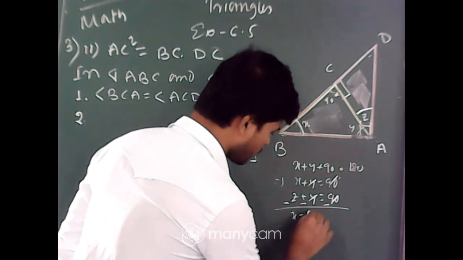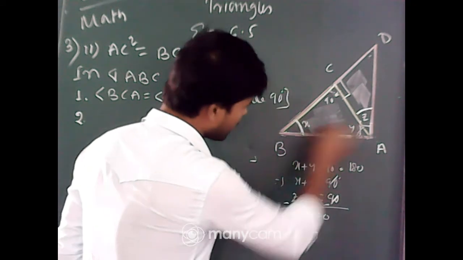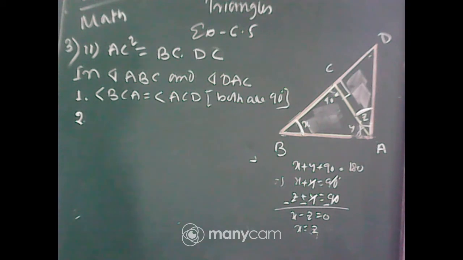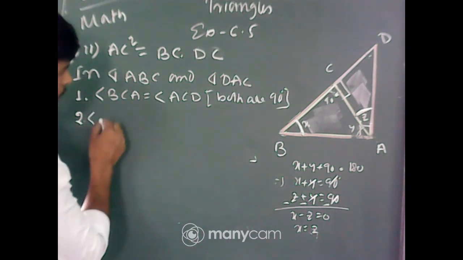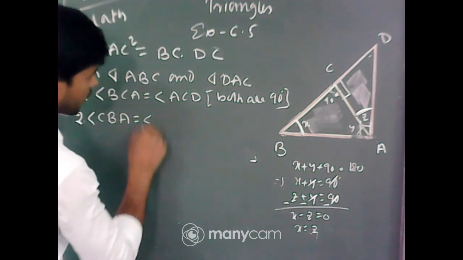That means x minus z equal to 0. Means x equal to z. Means this angle is equal to this angle. Now tell me, is it okay? Have you understood? Okay. So the second condition will be angle CBA is equal to angle CAD.